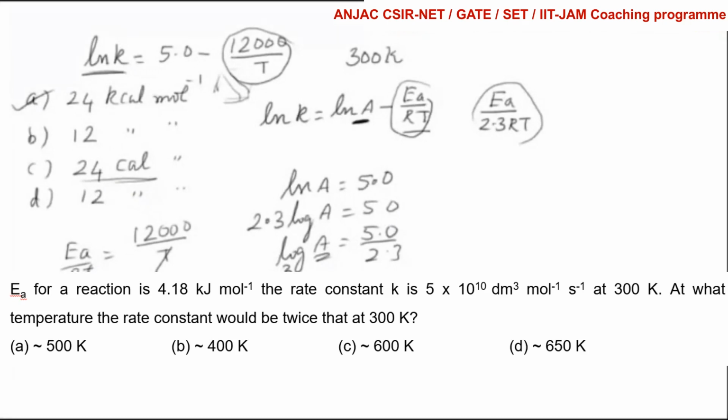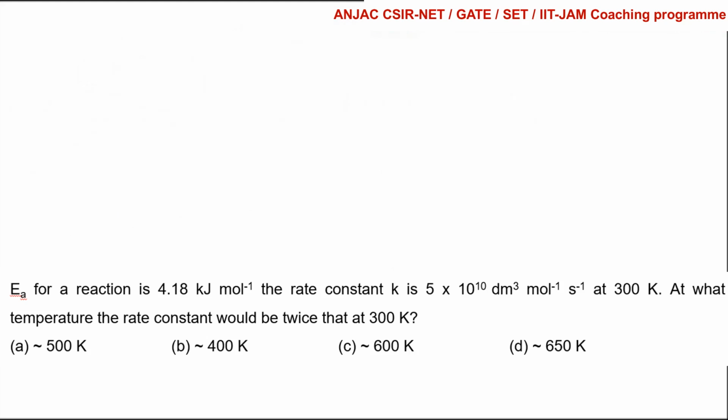EA for your reaction is 4.18 kilojoule per mole. A is equal to 5 into 10 power 10 AM cube per mole per second at 300 degree Kelvin.